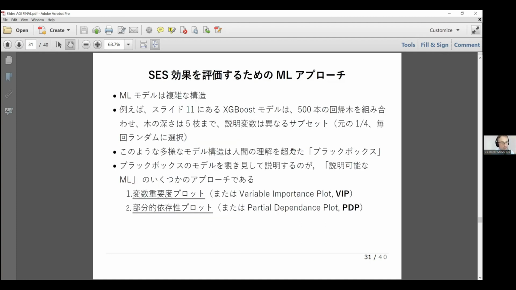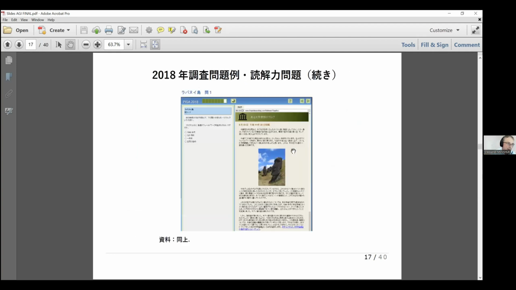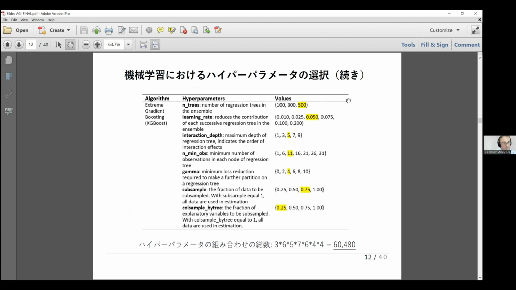The problem with machine learning is that a model could be very complicated. For example, in the slide that I showed, a typical set of hyperparameters, it's here. The best model included 500 regression trees.